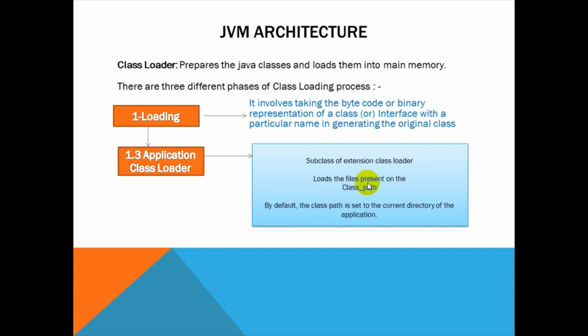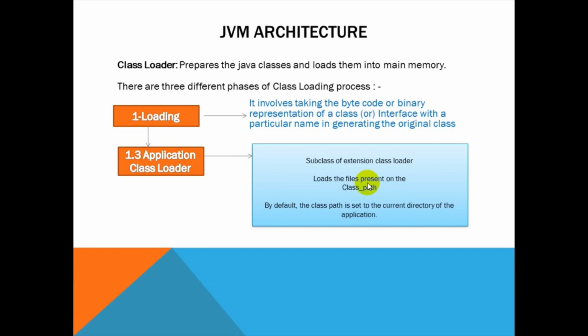If it's unable to do so, it delegates to the extension class loader. If the extension class loader is not able to load the class, it delegates to the application class loader. If the last class loader is also not able to load the class, it throws a NoClassDefFoundError or ClassNotFoundException.